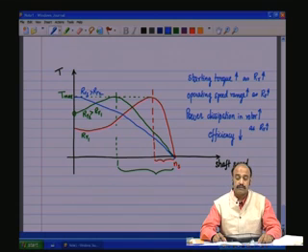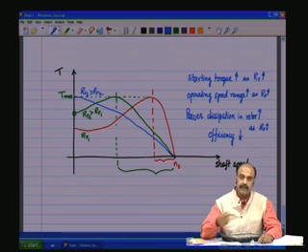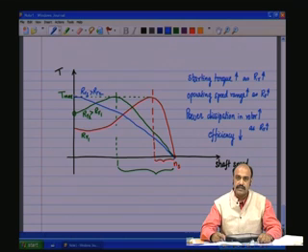Therefore, in the case of the wound rotor induction motor, as the windings are brought out through the slip rings, through the external circuit we connect resistance. So during starting, the torque is pretty high. So you have a very high starting torque, very high starting pull.